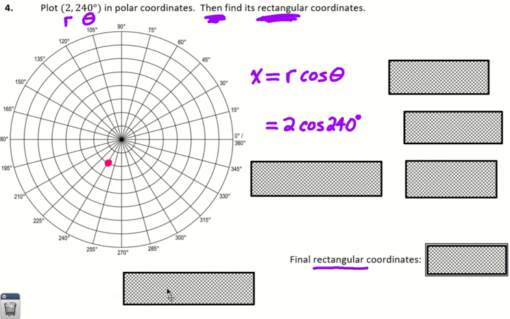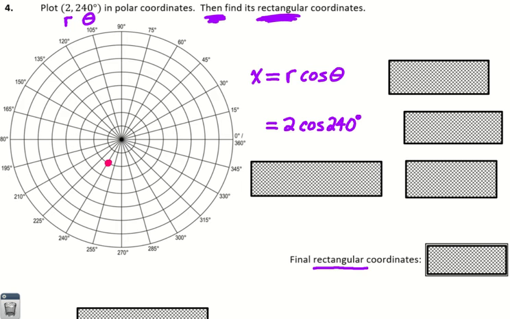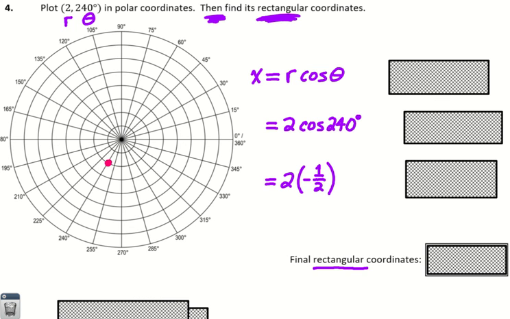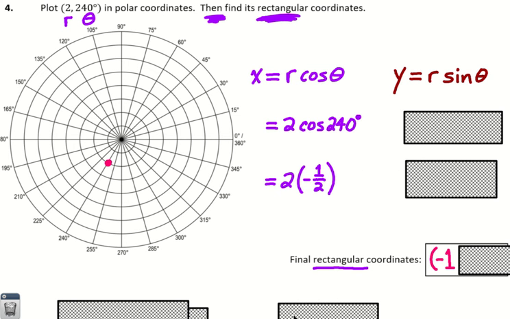And so you plug in what you know, and then you go to your cheat chart to find the cosine of 240, which is -1/2. And so your x coordinate is going to be -1, since 2 times -1/2 is -1. Likewise, you're going to find your y coordinate by doing this equation.